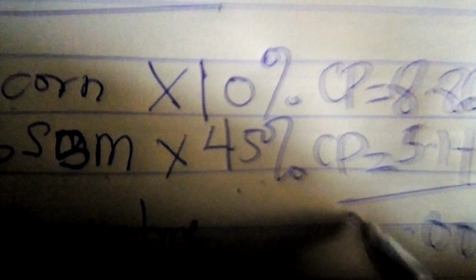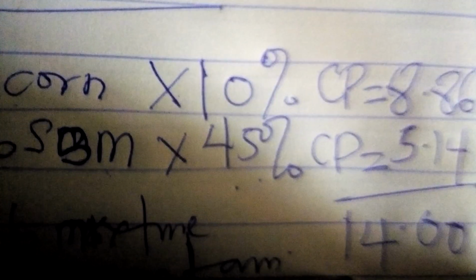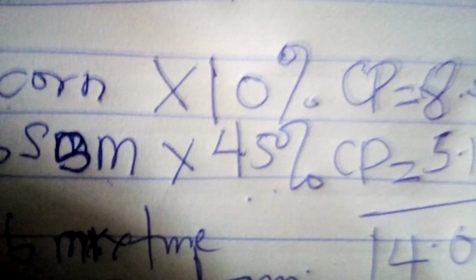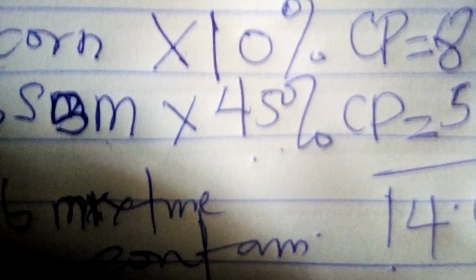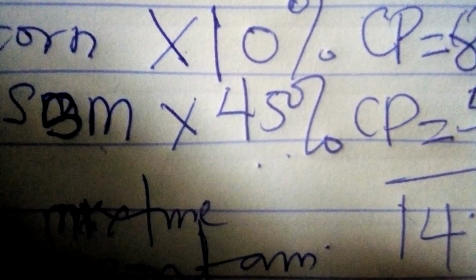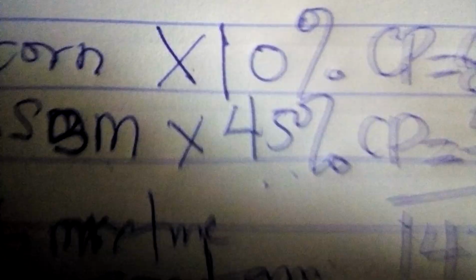So what do you get here when you add up 8 plus 5 is 13, plus 1 is 14. So to cross check, the crude protein is 14%. That means the calculation is okay. That's how to go about it.